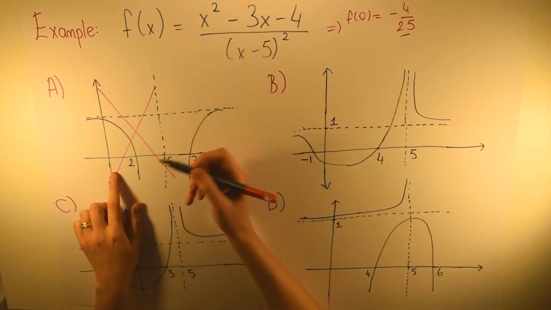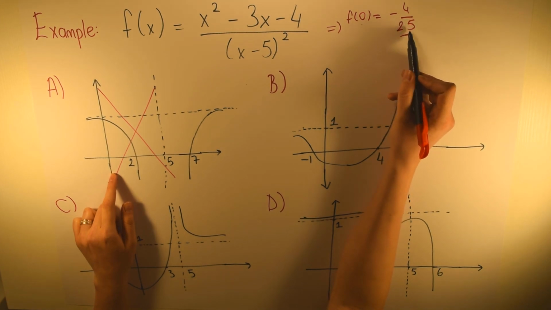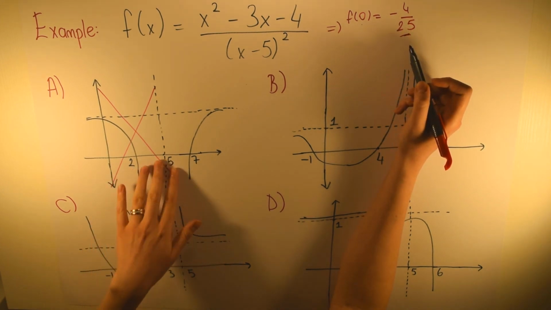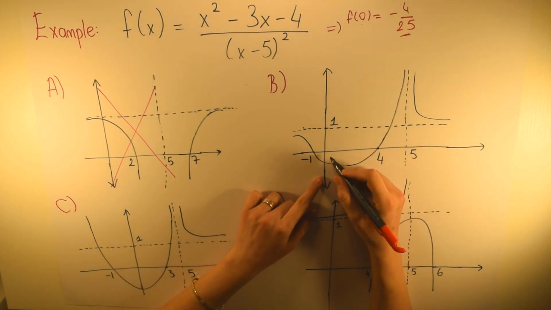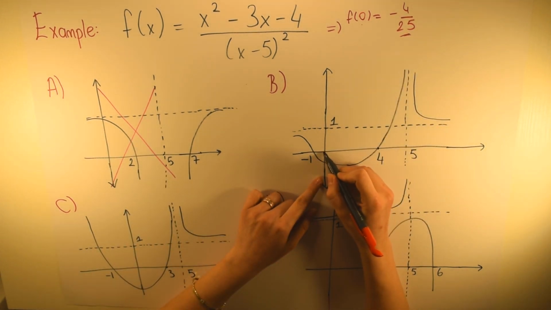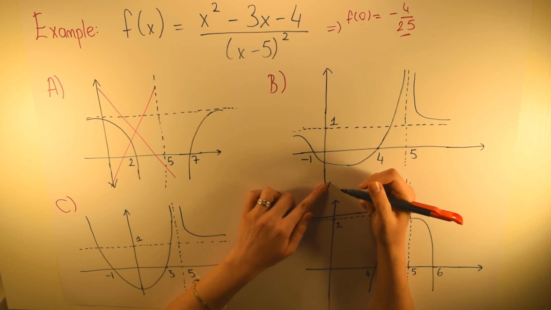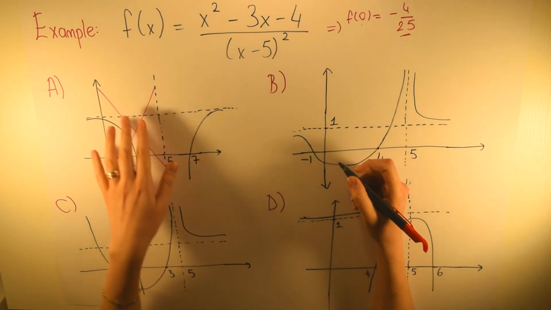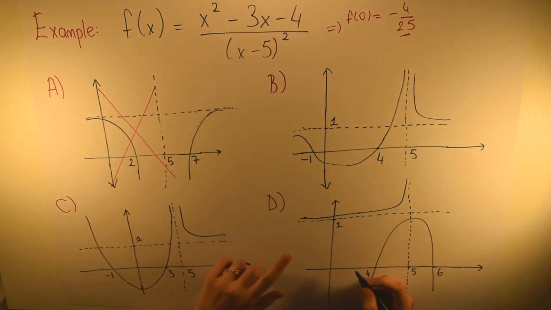I know that when x is equal to 0, y should be equal to minus 4 over 25. So let's look at this one. Here when x is equal to 0, I have a negative y value. That's why this can also be our choice. Now I eliminated choice A, and then we will look at B, C, and D.